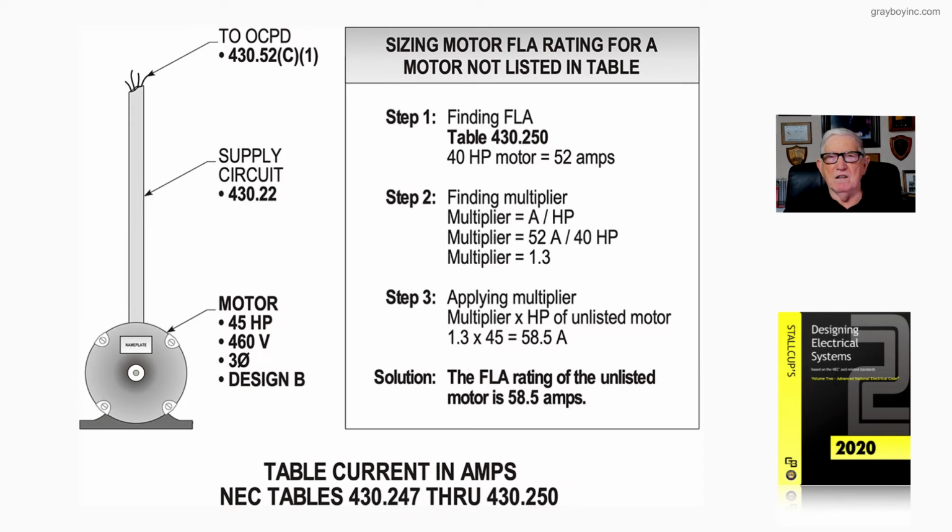Now, when we say unlisted, it's just not in table 430.250. It's an odd size. And we used to find these odd size motors in equipment, sometimes equipment such as industrial machinery, Article 670 in the NEC, and more detailed information about the industrial machinery equipment itself is in NFPA 79.